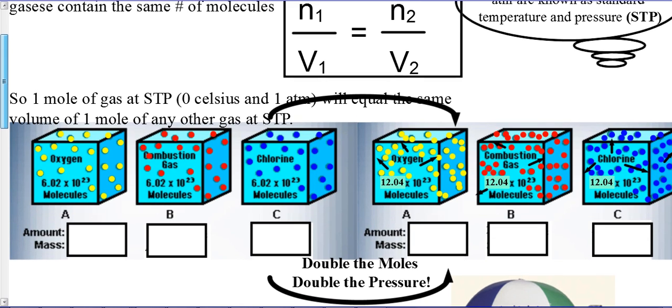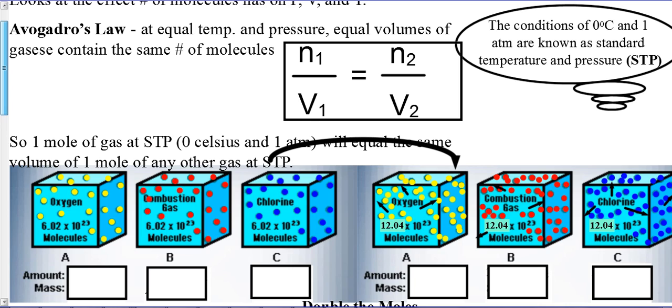So what does this mean then? If we have more moles of something, how's the volume going to change?